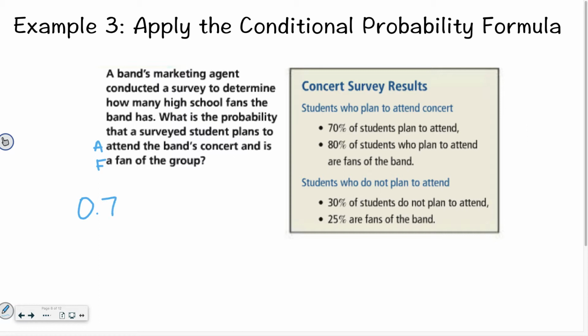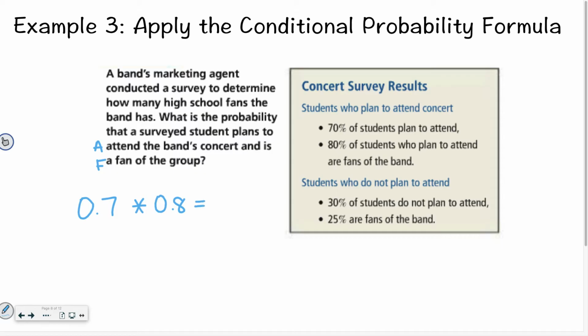The cool thing about the conditional probability formula is, especially when you have percents like this, you can just multiply. So the percent of students that plan to attend times the percent of students that are fans is 0.8. So out of the 70% of people that want to attend, 80% of those are fans of the band.